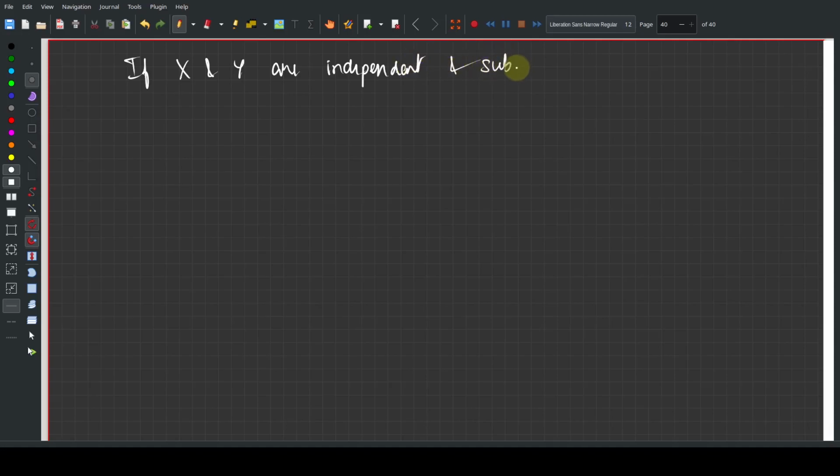Let's say X is sub-Gaussian with variance factor V1 and Y is sub-Gaussian with variance factor V2. Then what can I say about X times Y?